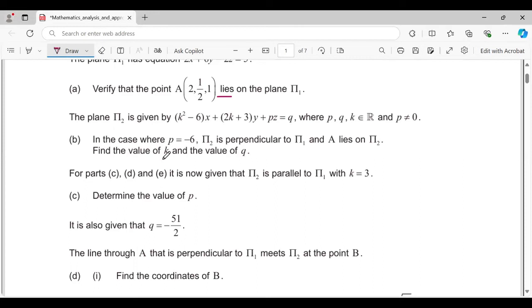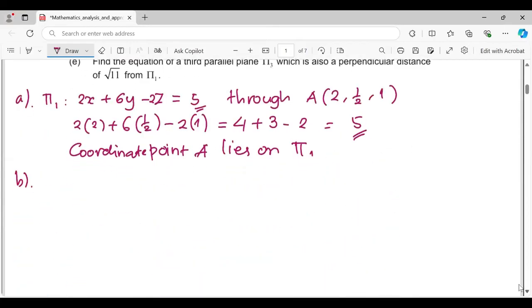Find the value of k and the value of q. I'm going to start with the dot product. That's the dot product of plane 1 and plane 2 equals 0.